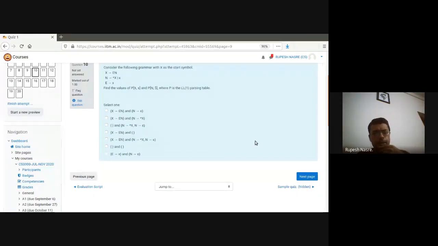Okay, LL1 parsing table. So P of X, yeah, so one of the things that we have to remember is that on X following something, we have to have a production which is going to be deriving for that non-terminal, right? And therefore, only first, second, fourth and fifth are going to be possible answers, right?